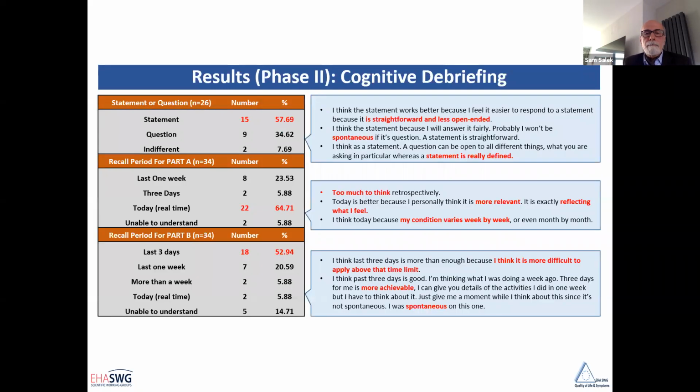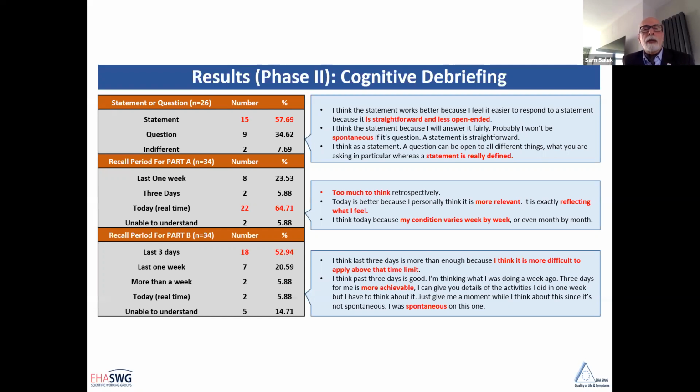Next one, please. Then other things that we asked patients was whether they prefer the different items to be in the form of a statement or in the form of a question. They preferred a statement.